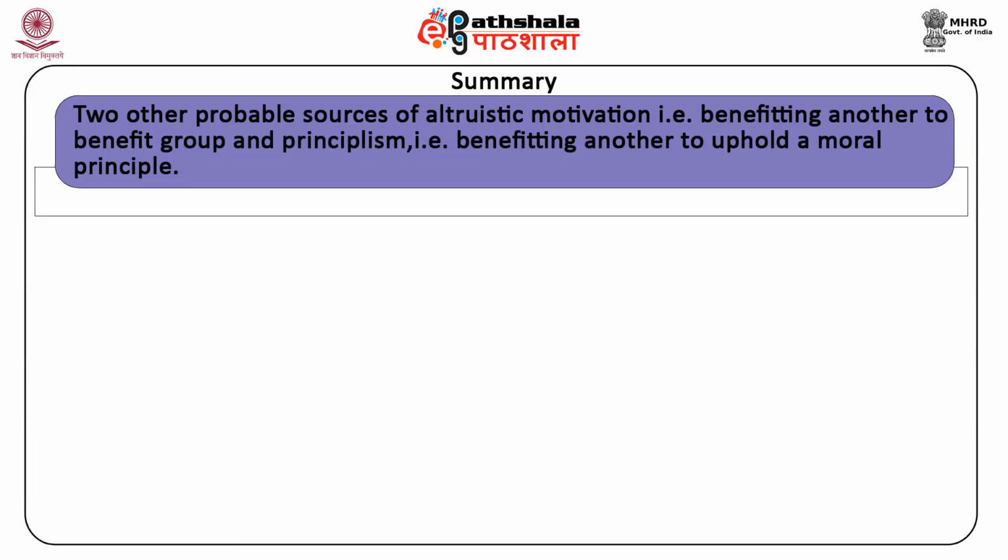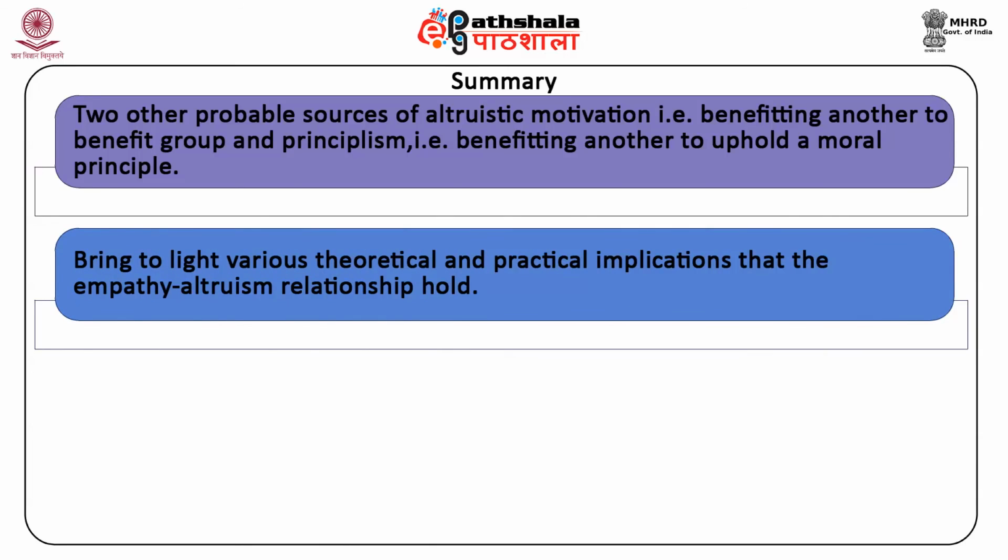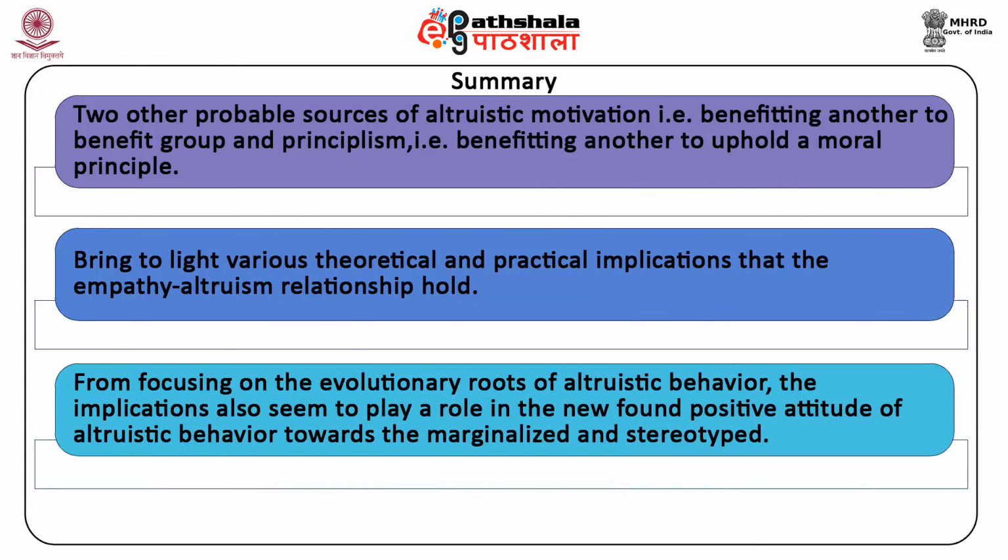All this debate on which perspective holds true brings to light various theoretical and practical implications that the empathy-altruism relationship holds. From focusing on the evolutionary roots of altruistic behavior, the implications also seem to play a role in the newfound positive attitude of altruistic behavior towards the marginalized and stereotyped.